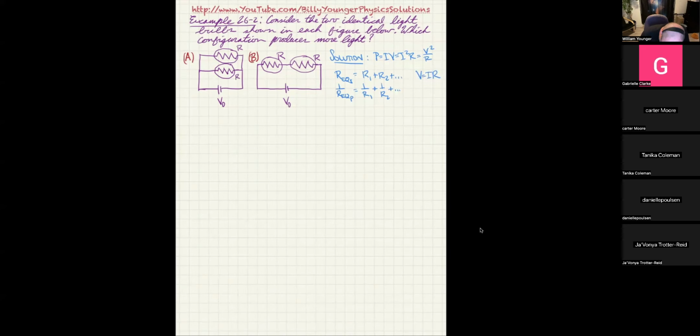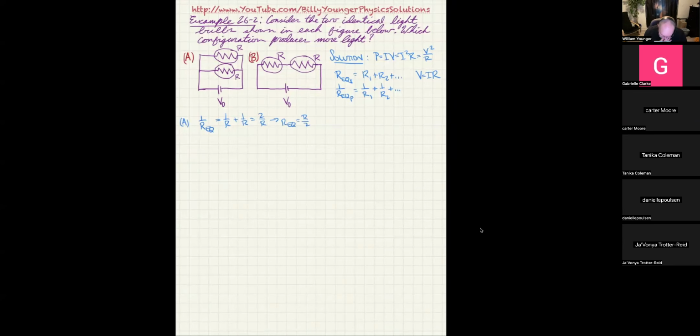Let's first take circuit A. In circuit A, 1 over R equivalent is going to be 1 over R plus 1 over R, which is equal to 2 over R. Therefore, R equivalent equals R over 2.